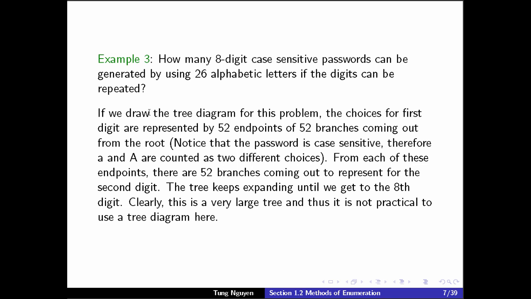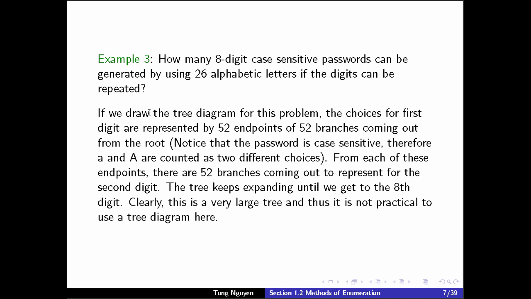With 26 alphabetic letters, each of the digits can have 52 different choices. 52 different choices for each digit means that we have 52 branches coming out from the root, and then for the first branch, we have another 52 branches coming out.